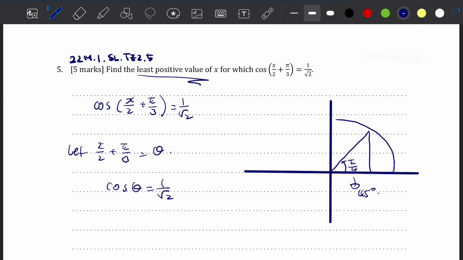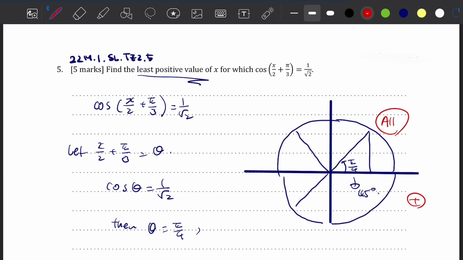So we're going to say that theta is equal to pi over 4, or we also get 1 over square root 2 in the fourth quadrant, where we have a positive cosine value.